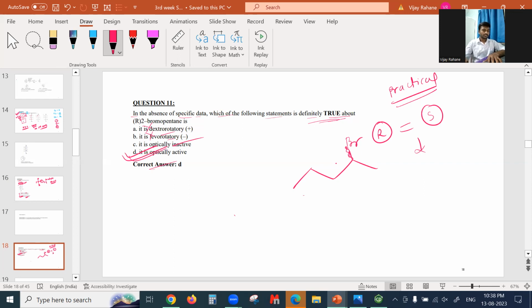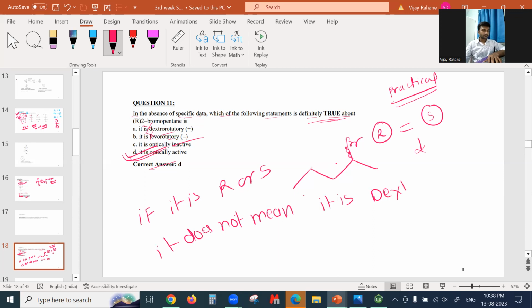This is just for understanding. If it is R or S, it doesn't mean dextro or levo. Generally, people make the mistake that if it is R, they consider it dextrorotatory.